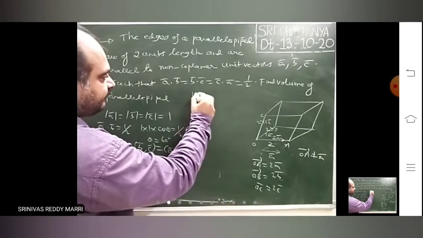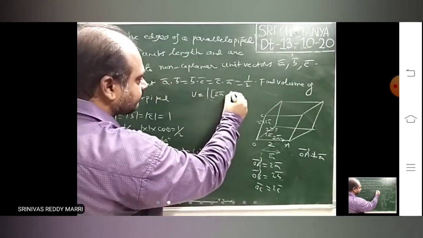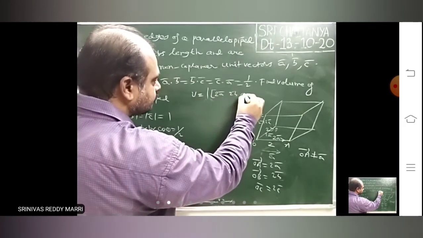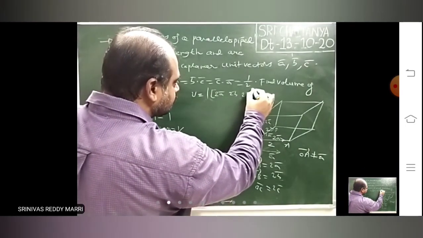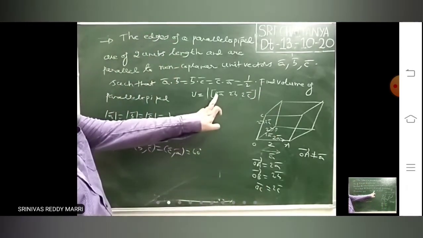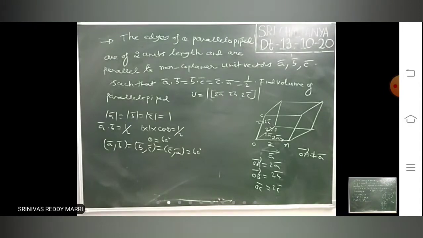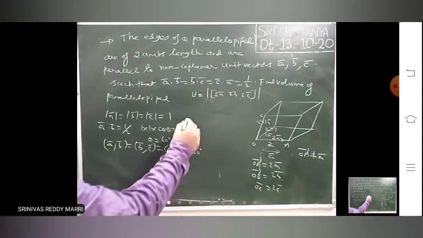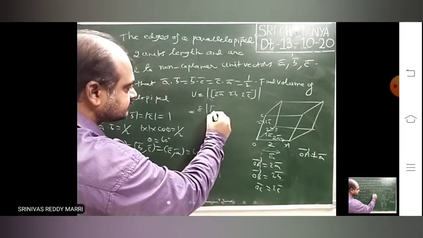That means volume is nothing but modulus of box of 3 coterminous edge vectors, box of 2A bar, 2B bar, 2C bar. That means 8 into modulus.